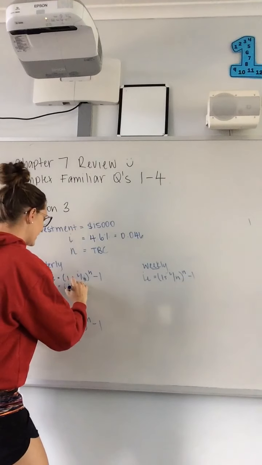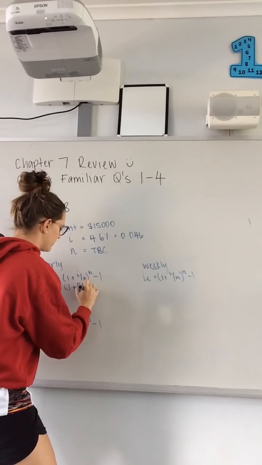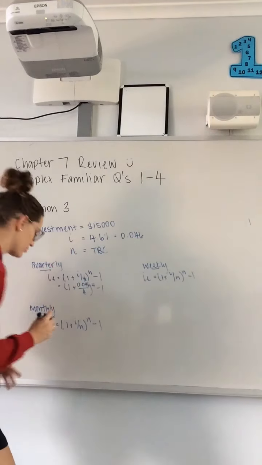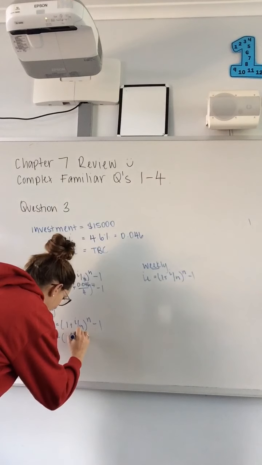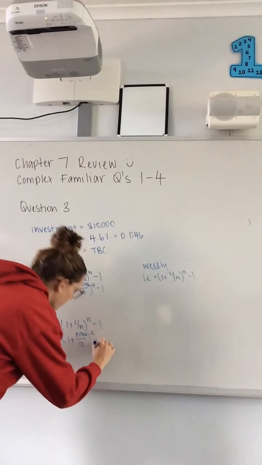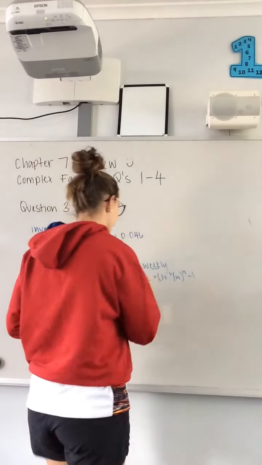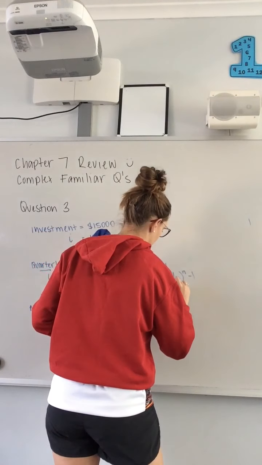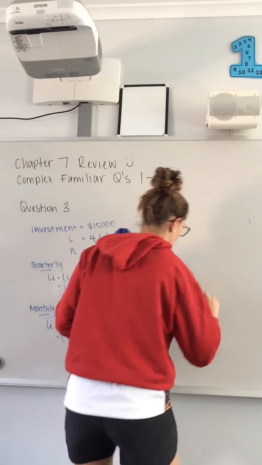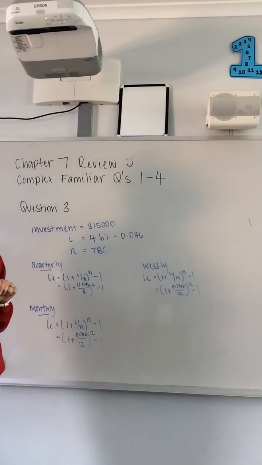So when we're talking quarterly, obviously quarters is 4, so I'm going to have 0.046 divided by 4 for this one. When we're talking monthly, 12 months to a year, so I'm going to have 12. And then when we're talking weekly, 52 weeks, always assume it's a normal year unless I say so. Bingo. Now, take your time, pause it, put that into your calculator and let me know what you get.